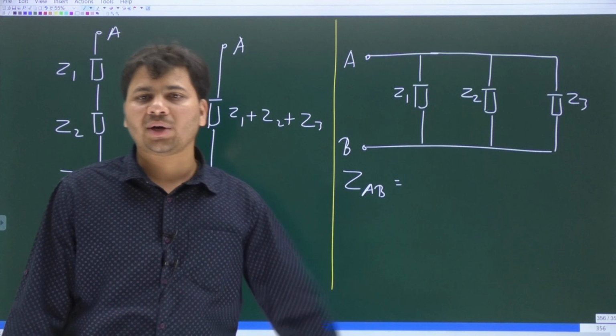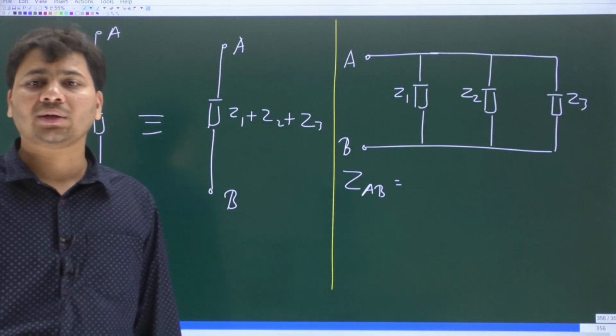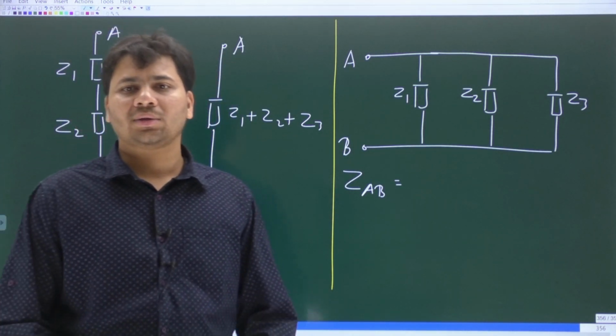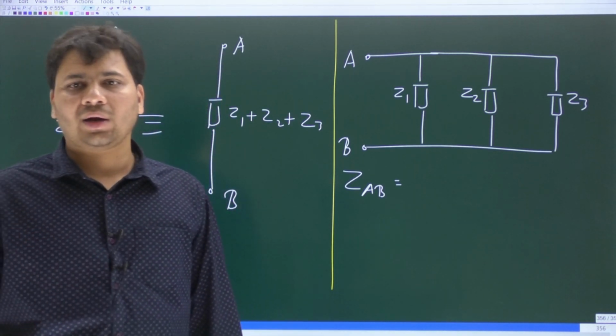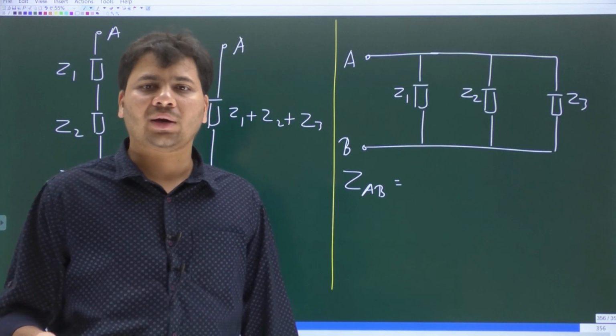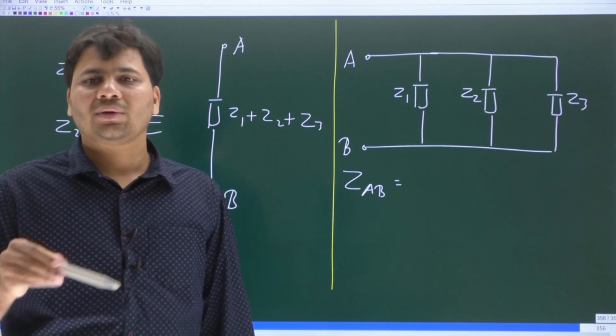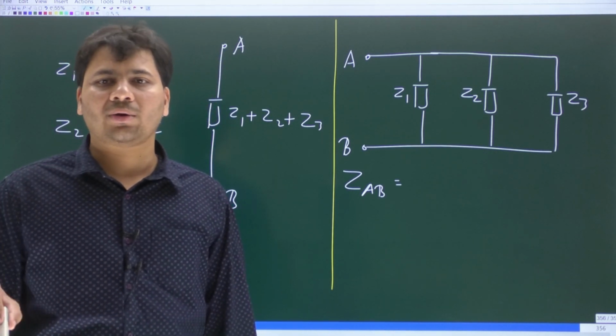Having three impedances in parallel is the same as having three resistors in parallel. Just imagine if you have R1, R2 and R3 all connected in parallel, how do you find the equivalent resistance? 1 by R equivalent is equal to 1 by R1 plus 1 by R2 plus 1 by R3.